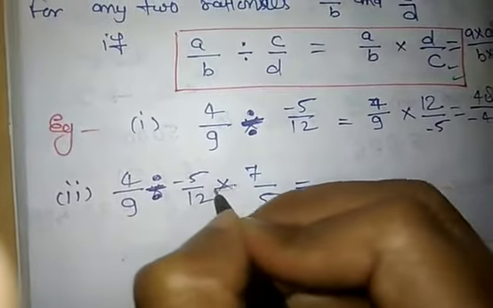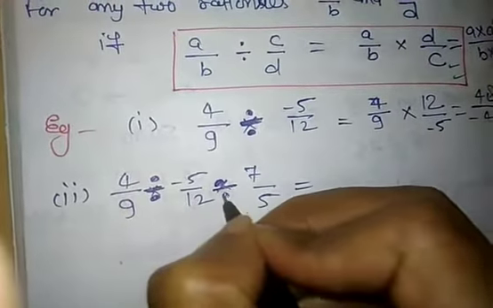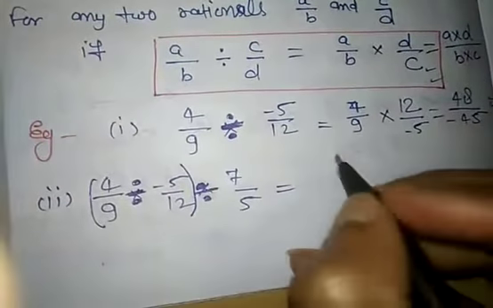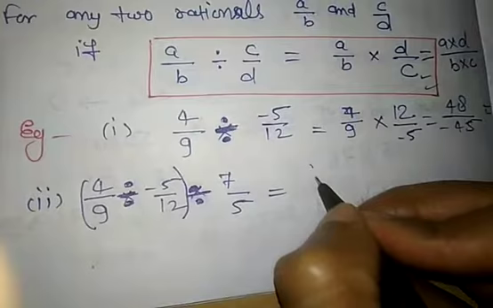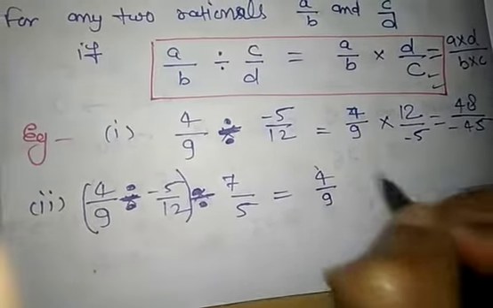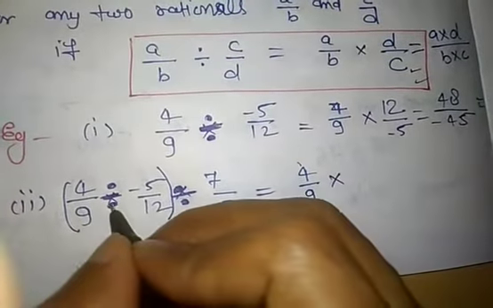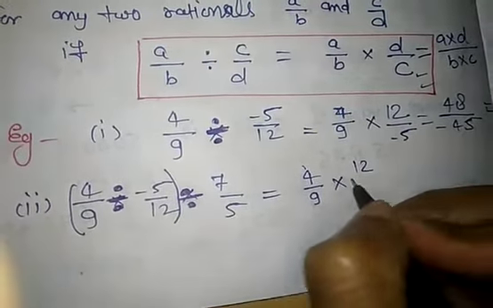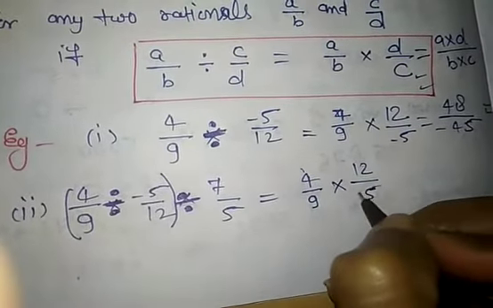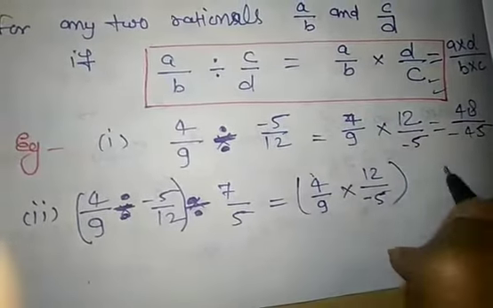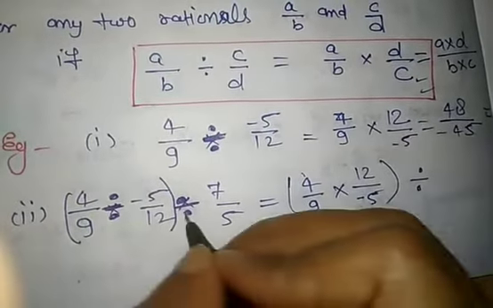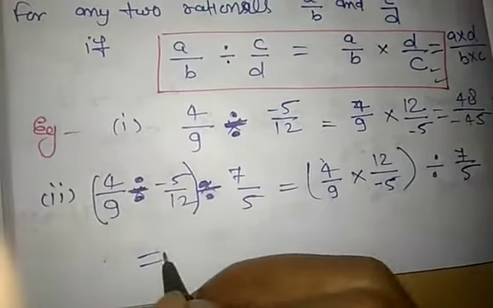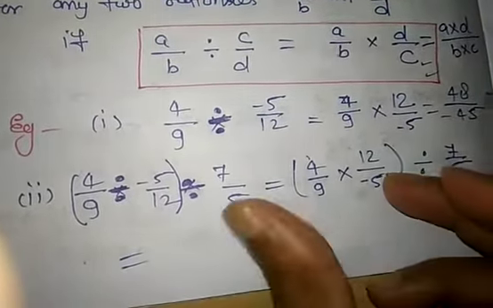Again, if this is in division, so first solve this. We get 4 by 9. Change the sign of division to multiplication. Then this converts to 12 by minus 5. Again use this sign, 7 by 5. Now first solve this bracket.